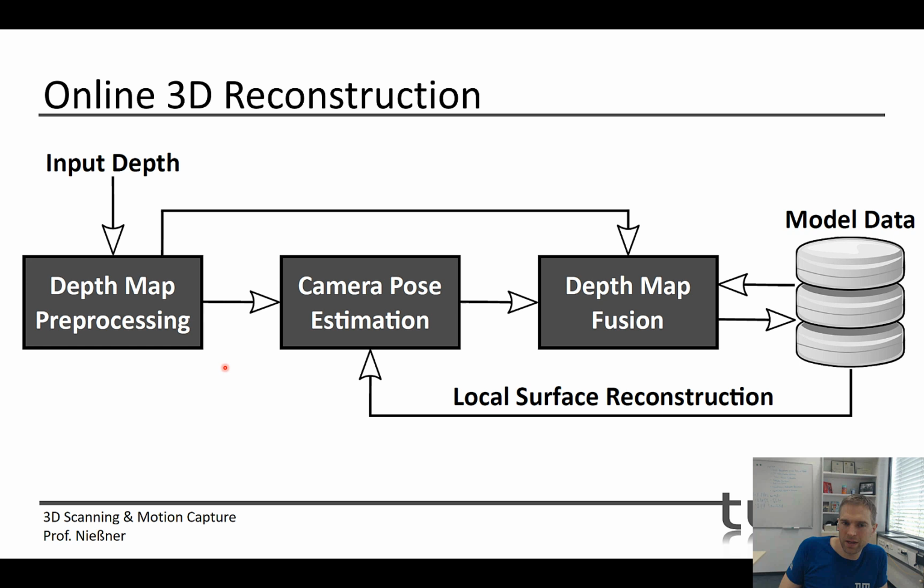We align the third depth map again with respect to our model, get a camera pose, integrate the third frame, and continue, right? This idea is basically doing two things at the same time. It's keeping this model around, and it's computing camera poses with respect to the current frame and the model. And then it's updating the model based on newly acquired data.